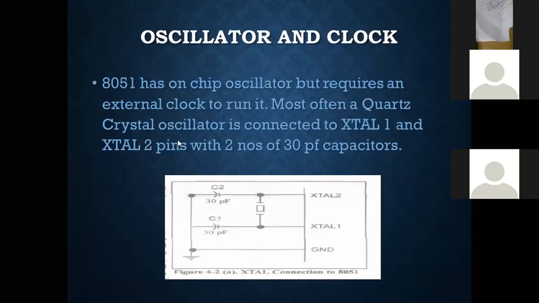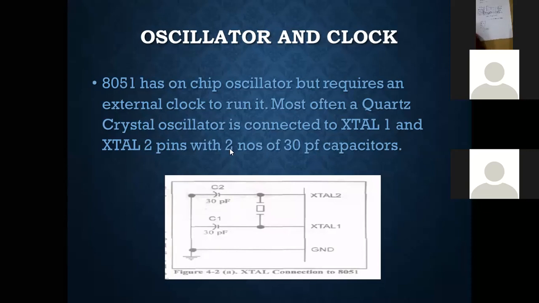So we are discussing how the oscillator circuit works. Now just see that external 2 and external 1, that is pin number 18 and pin number 19, are connected to this particular crystal.